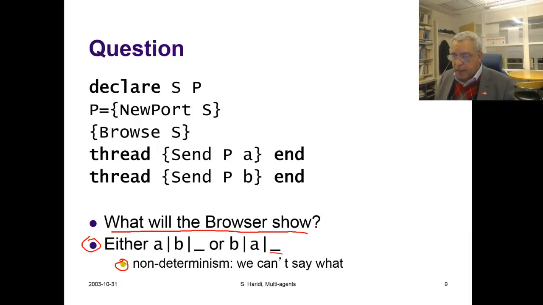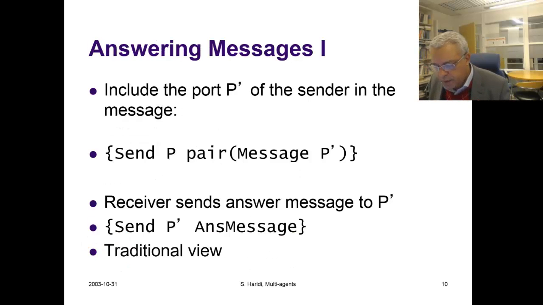For the first time, we see that we moved from the functional declarative concurrent model, where the results are always a function of the input, to a non-deterministic execution where we might get different results. So now let us go further and look at what we can do with messages.